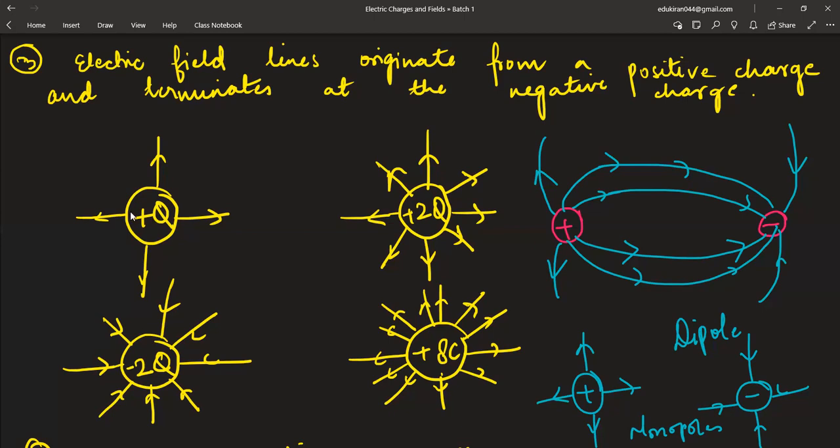But when the magnitude of charge increases, see here plus 2q, lots of electric field lines are increasing. So this is how you can differentiate between a higher magnitude charge and a lower magnitude charge. Here it would be less, here it would be increasing. Now here you have minus 2q.